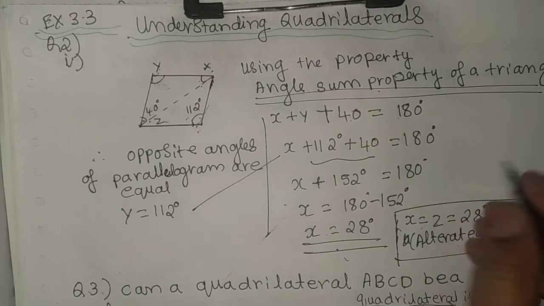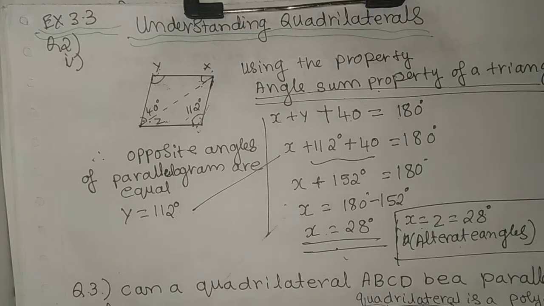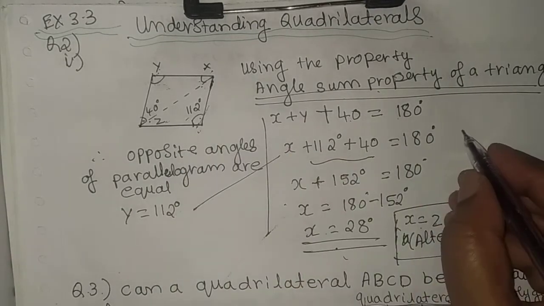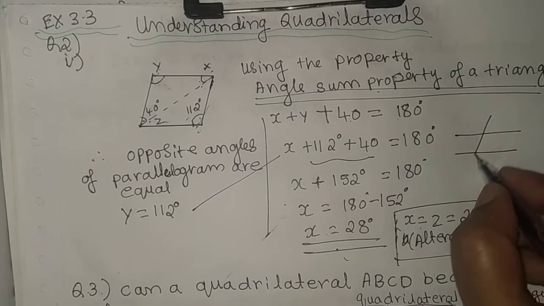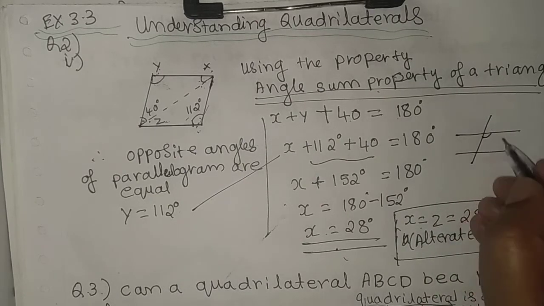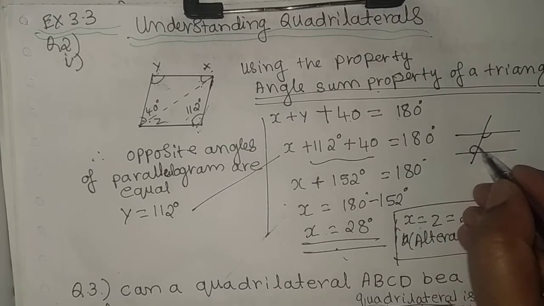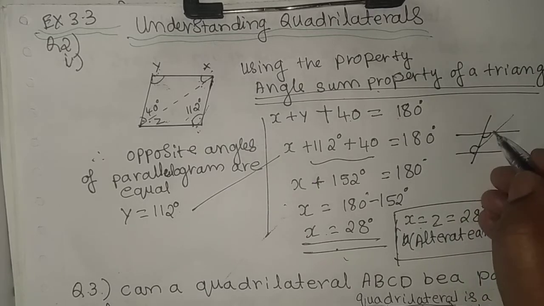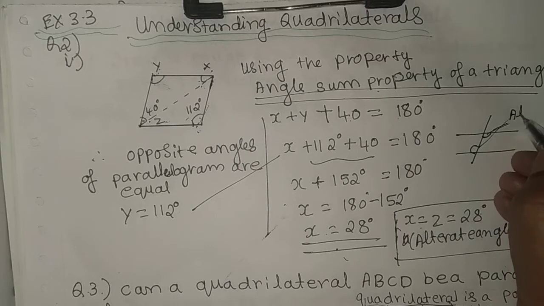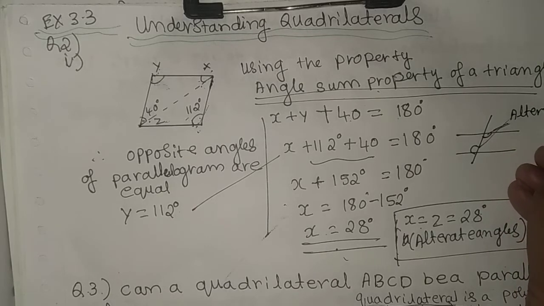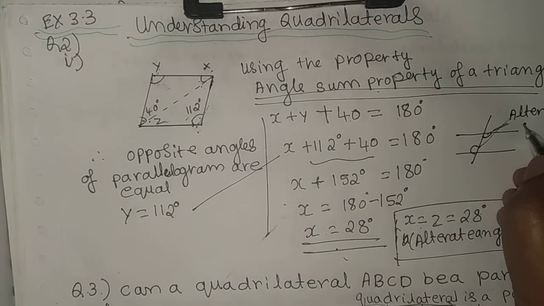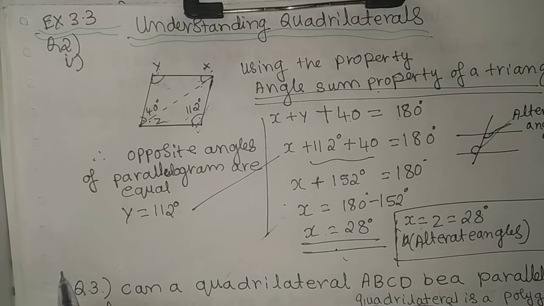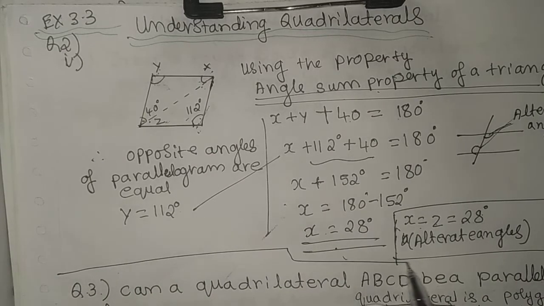Alternate angles will be like this. For example, these are the two lines. Here one angle is there, here one angle is there, and these angles are called alternate angles. So here x and z are the same. This is the solution for the second last one, the fifth problem.